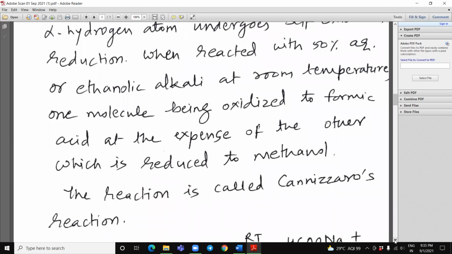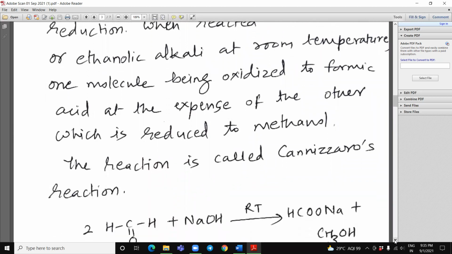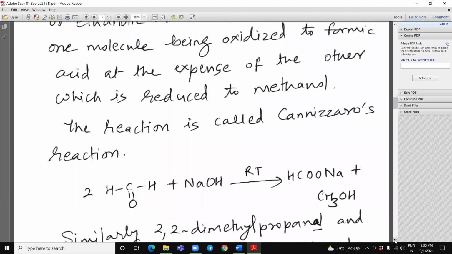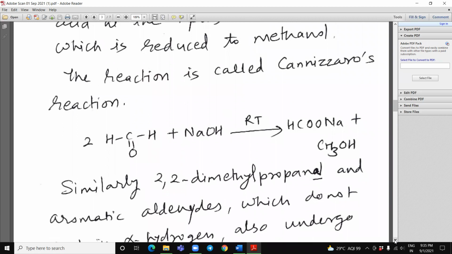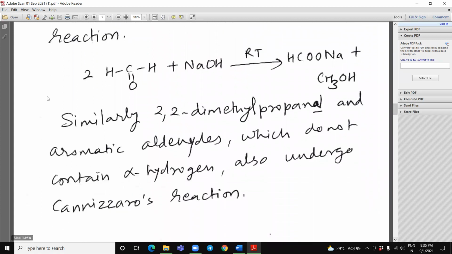One molecule is oxidized to form formic acid at the expense of the other, which is reduced to methanol. The reaction is called Cannizzaro's reaction. See here how this formaldehyde, when reacted, will form this sodium formate and methanol.